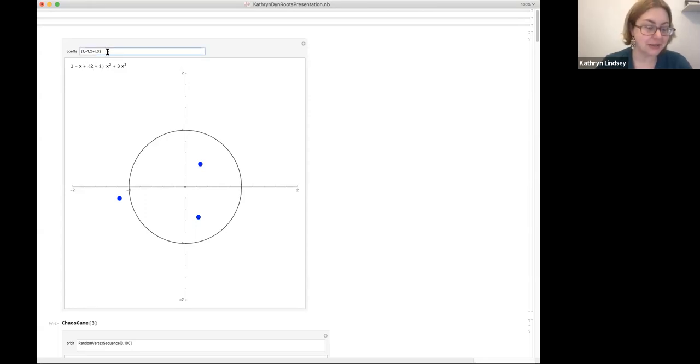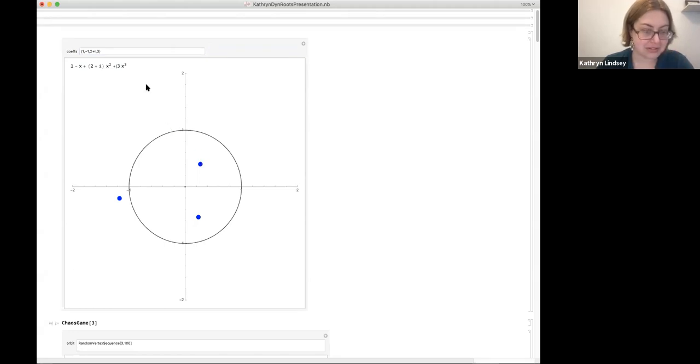Here you can see we have some coefficients: 1, -1, 2 plus i, and 3. And here is the polynomial that has those coefficients. So 1, then the coefficient -1, then 2 plus i, which is the way Mathematica writes i, and then a 3. Down here we have the complex plane, and there are blue dots where the roots of this polynomial are.